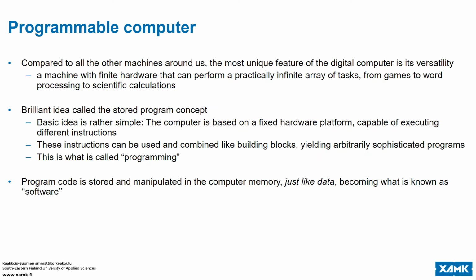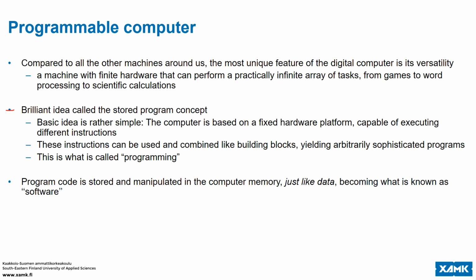As discussed in the previous lecture, one of the great ideas behind computing, what makes a computer, is its versatility to run different software programs. The basic idea is pretty simple, this stored program concept.